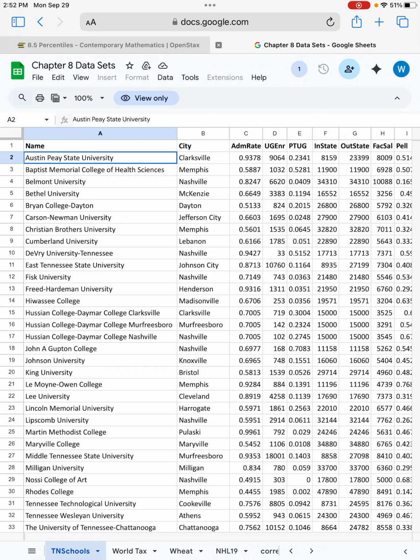So let's suppose that they want to know the percentile that corresponds to an admission rate. Okay, so let's suppose the question is this.